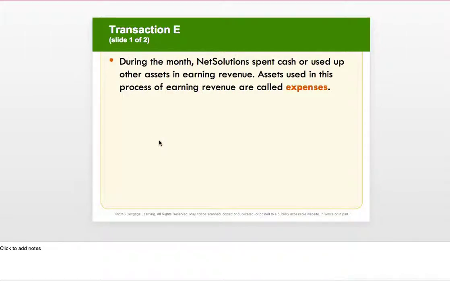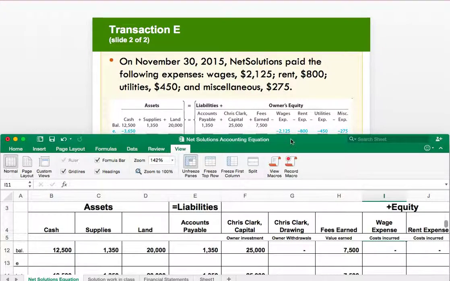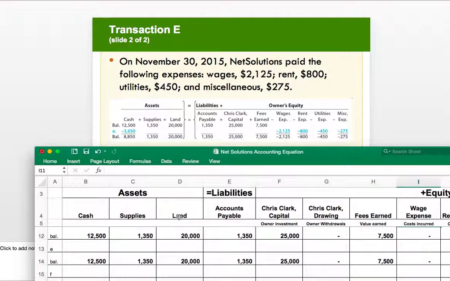Transaction E introduces expenses. The definition the book has for expenses is assets that are used up in the process of earning revenue. Transaction E says Net Solution paid the following expenses. So we're going to record all those expenses here on our chart. They've added up the cash here for us in row E. We paid out, so I'm going to put negative 3650.